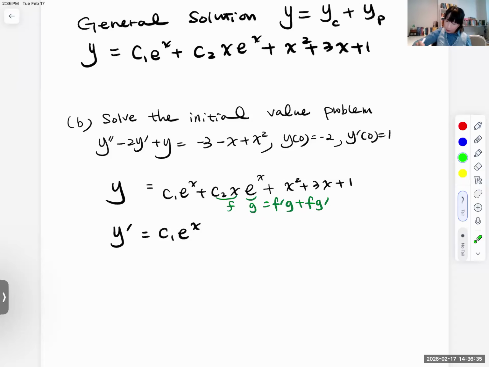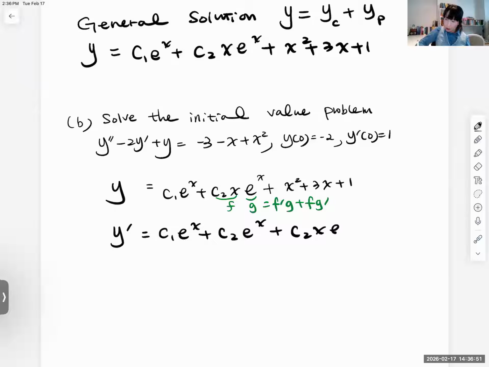So that will be c sub 2 e to the x plus c sub 2 x e to the x power. Yeah, plus the rest. Derivative of x squared, 2x. Derivative of 3x, 3. Okay, so we are done, right?